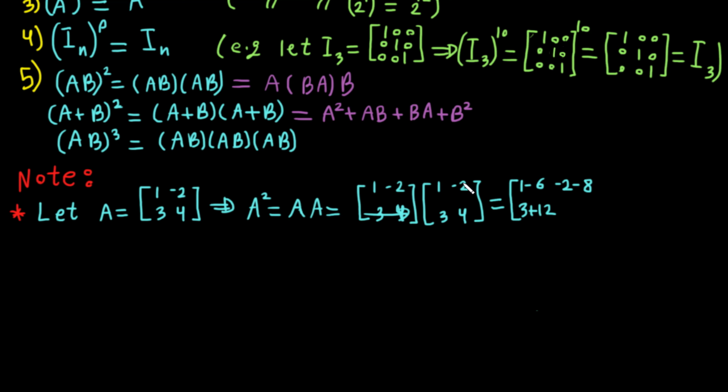Now this row by this column: 3 multiplied by negative 2, which is negative 6, 4 multiplied by 4, which is 16.